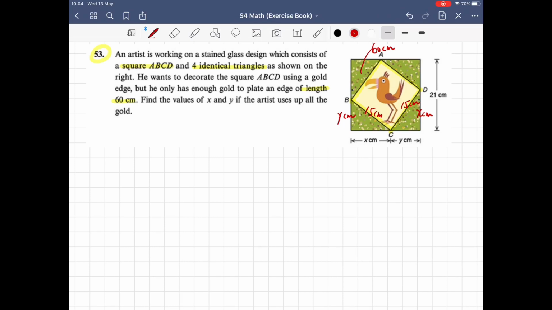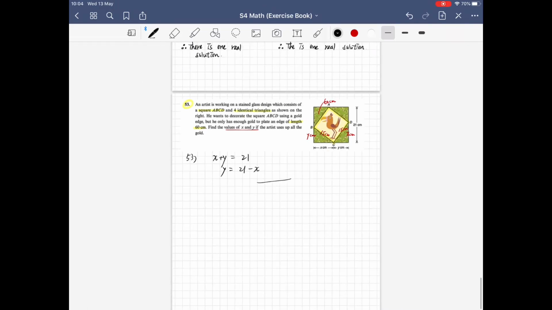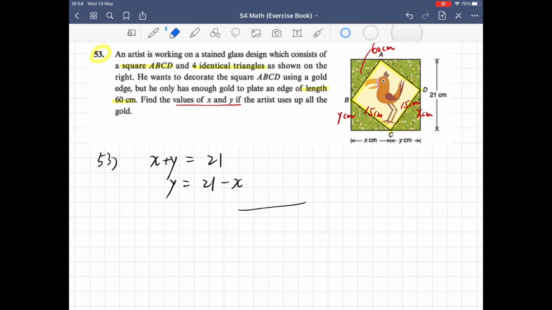Then the question asks you to find the values of x and y. As there are two unknowns, we have to set up two equations. For the first one, it is obvious that x plus y equals 21. I will make y the subject, then we have y equals 21 minus x, which is the first equation.